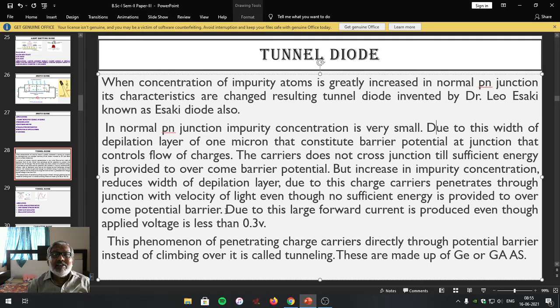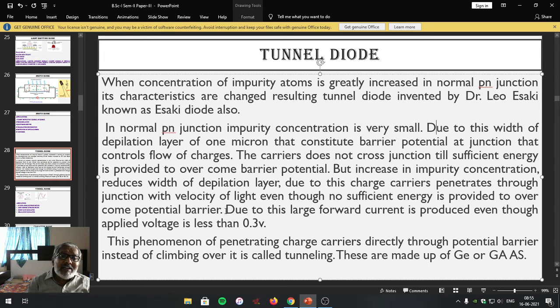That is the speciality. That is how the characteristics of the simple p-n junction diode are changed. Means when impurity concentration is increased, that reduces the width of the depletion layer further. Due to this, charge carriers don't need an external power supply.